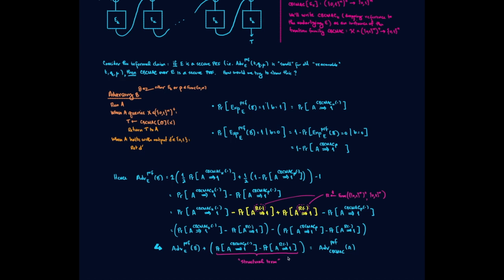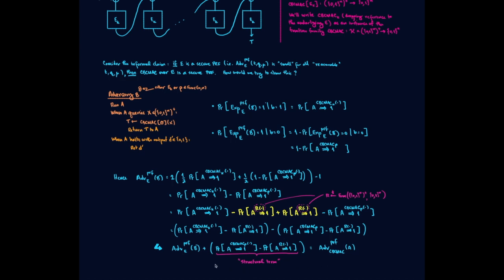This is the term that tells us, even in the best case where we replace E sub k by rho everywhere, how easy is it to distinguish this construction with rhos from a big random function? This is the structural term that we often talk about.